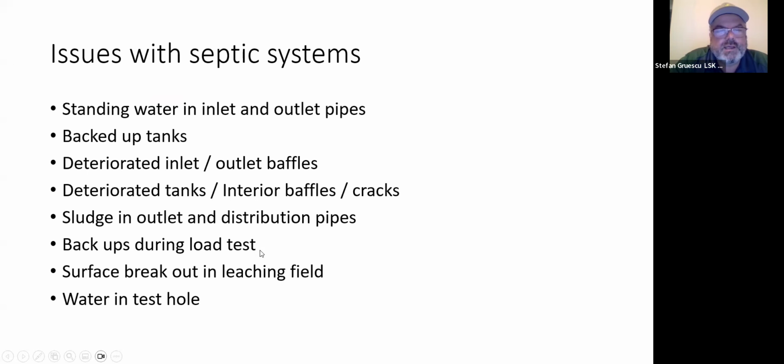And during the load test, if the septic system starts to back up, that's not a good sign. That's telling us the leaching field is not taking that effluent. Also, we may see a breakout of effluent in the leaching field. This is a little more rare, but we may see this. And in the test hole, if we see water coming up to the top, that's not a good sign either.